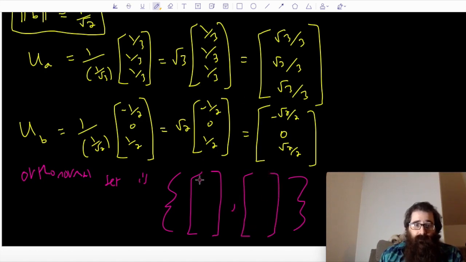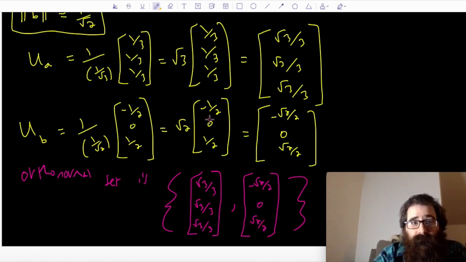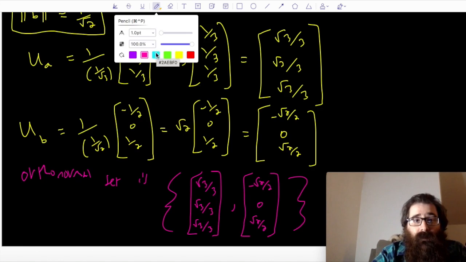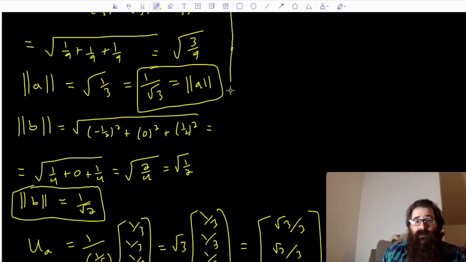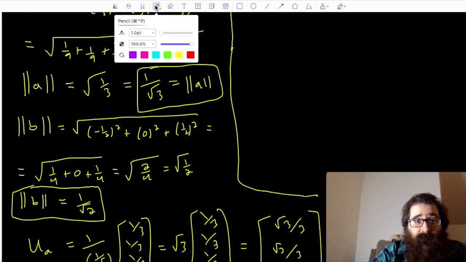The first vector, radical 3 over 3, radical 3 over 3, radical 3 over 3. Second vector is negative radical 2 over 2, 0, and positive radical 2 over 2. And let's take a look at, because there was another part to this question. But we've taken a look at this first half.